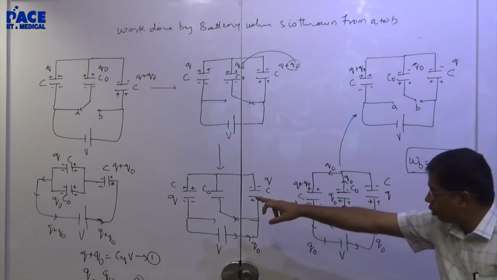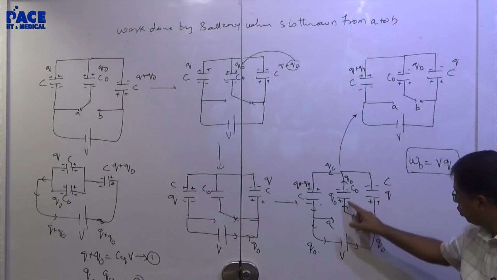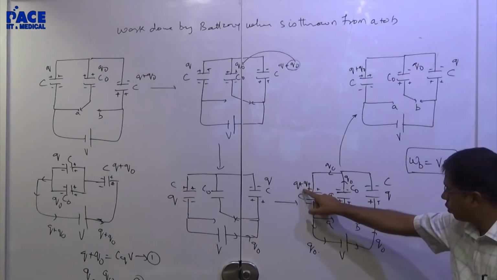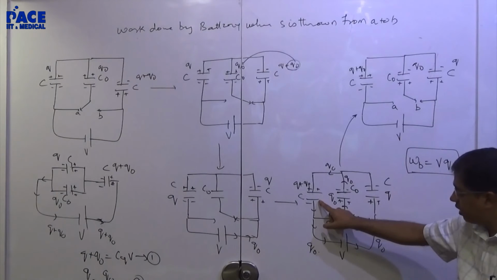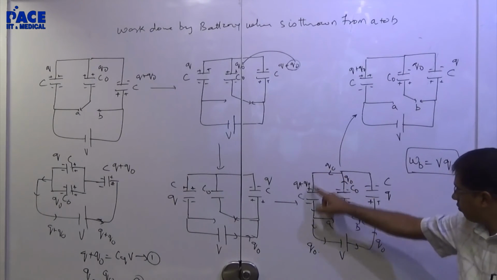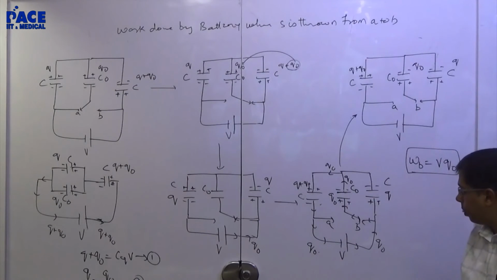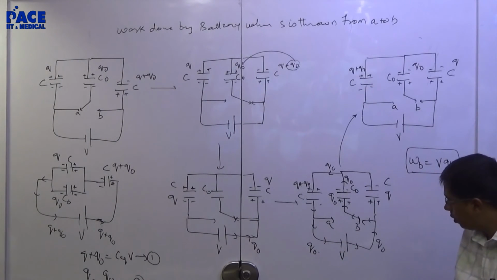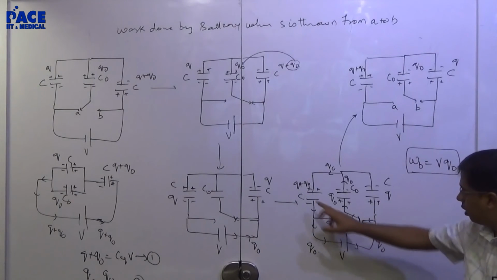Now it already has Q charge. Battery is pushing Q0 charge. So I will have Q plus Q0. Negative additional minus Q0 plus Q0 is pushed. If Q0 is pushed, so now I didn't understand. So earlier it was Q in the second diagram, middle, upper.